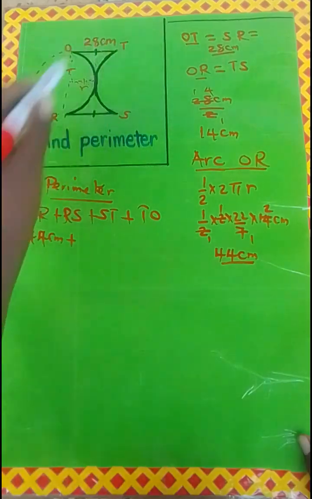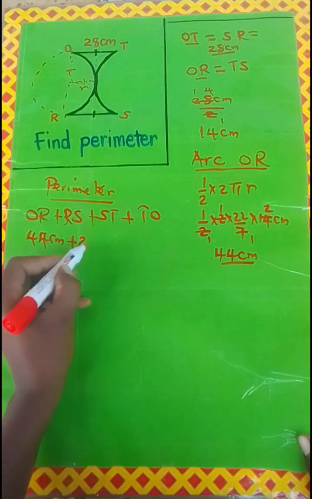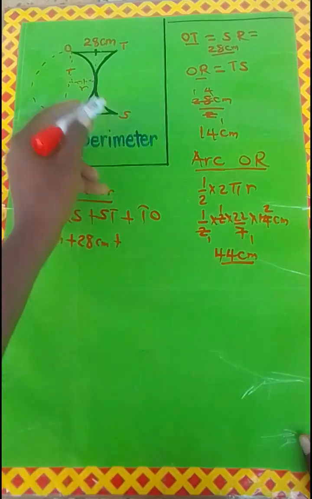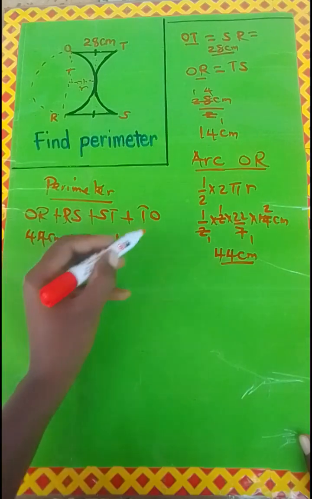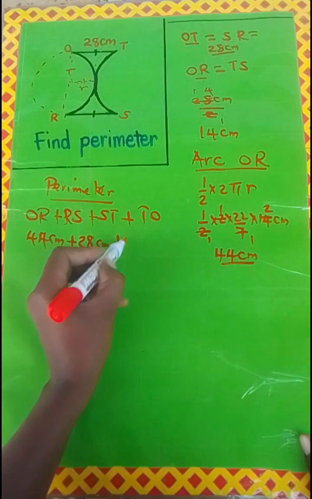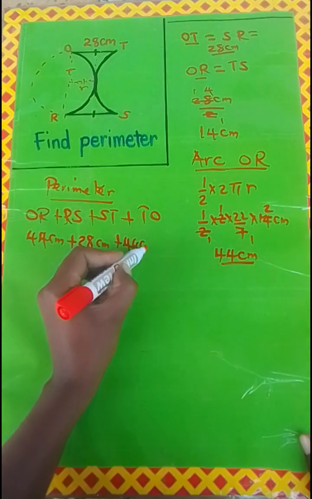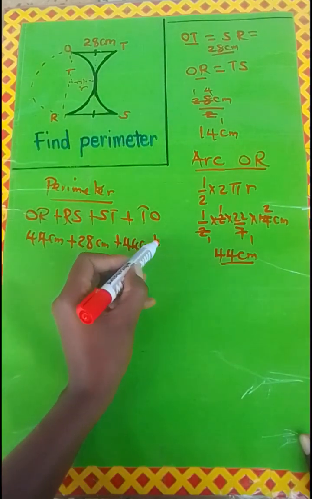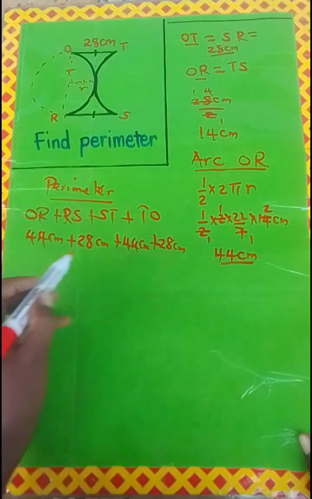RS is the same as OT, which is 28 centimeters, plus ST, which is also the same as OR, so that is 44 centimeters, plus TO, which is 28 centimeters.